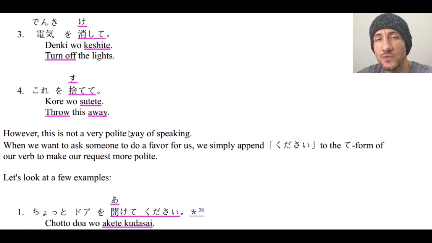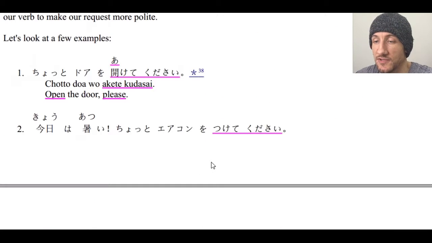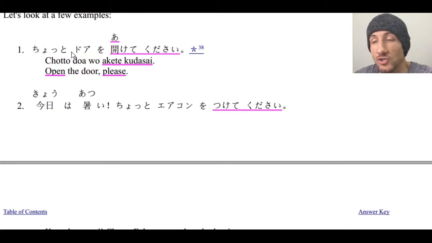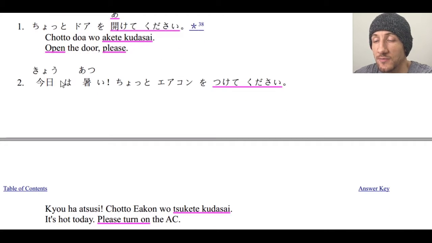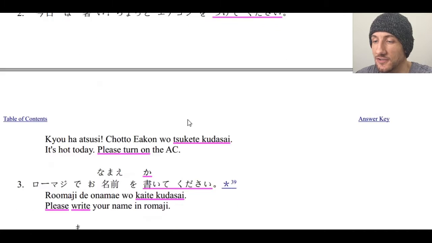So if we want to say please and be a little polite, we can add ください to the end of the te form. So here we have some example sentences. Number one, ちょっとドアを開けてください。Please open the door, or open the door, please. Number two, 今日は暑い。ちょっとエアコンをつけてください。It's hot today, so please turn on the AC, the エアコン, air conditioner.